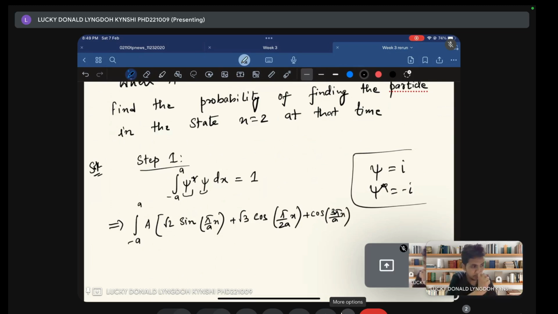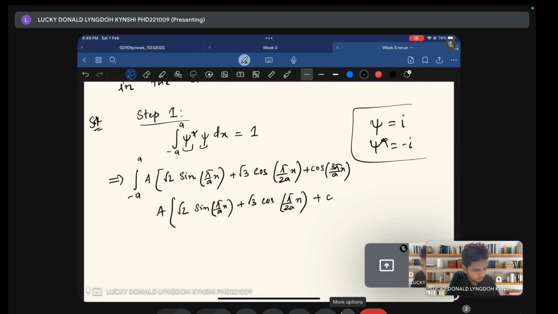This is psi star, and we have to multiply again with psi. So we get A again, root 2 sine of pi by a x plus root 3 cos of pi by 2a x plus cos 3 pi by a x, and the total integration dx should be equal to 1.